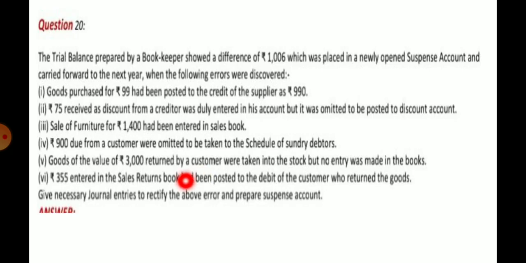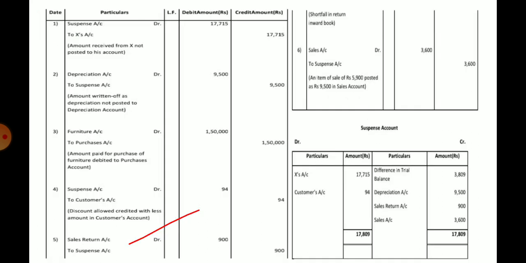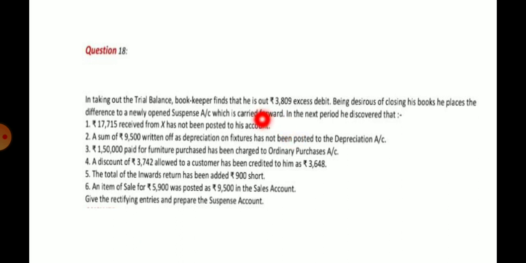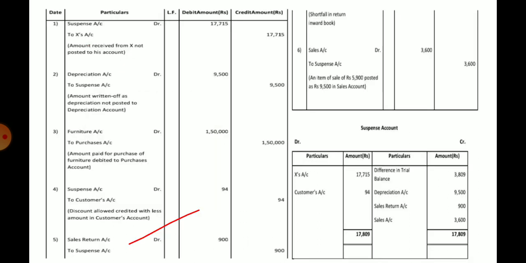Now, the necessary journal entries and prepare the suspense account. So it is your homework to prepare the suspense account in your notebook. Okay. First, I want to make a clarification that the amount which is given in the question above, 3,809, will be entered into the suspense account, right, as a difference in the trial balance.